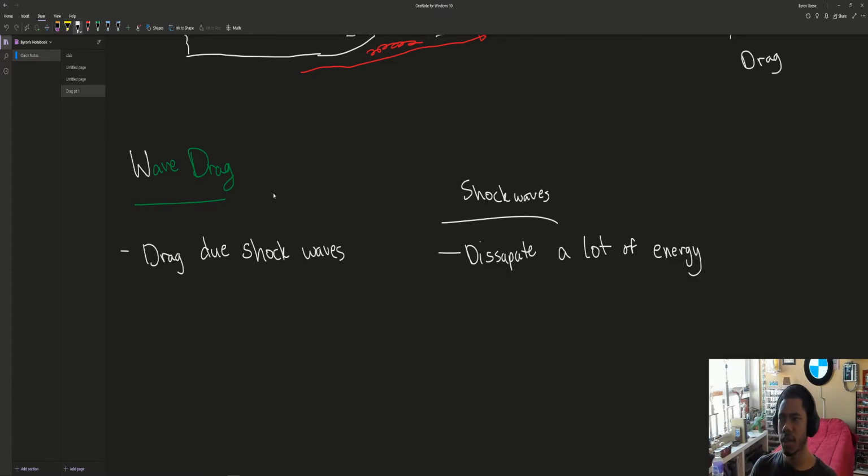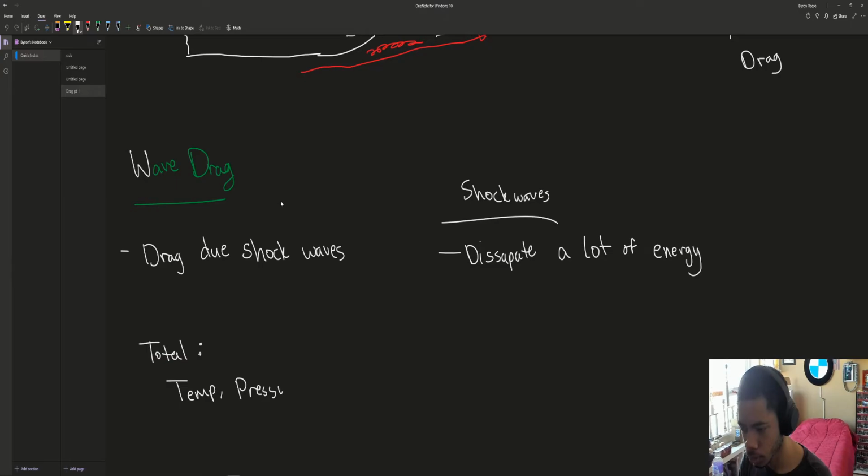So what does that essentially mean for us? Well, the dissipation of energy is a big thing. Because when we look at our, we'll get into this later on, but we talk about our total thermodynamic values. So we talk about things like total temperature and pressure and density.